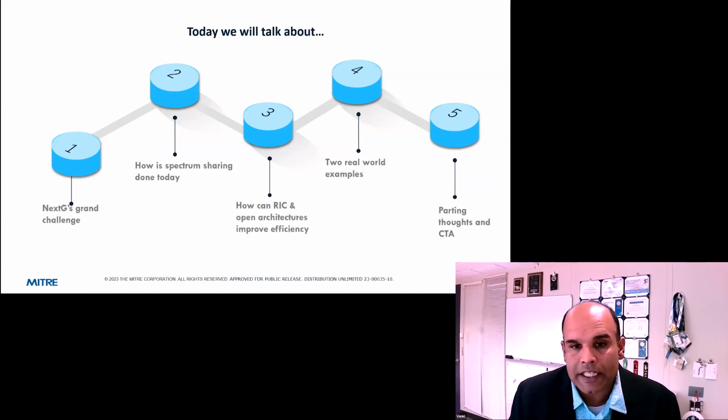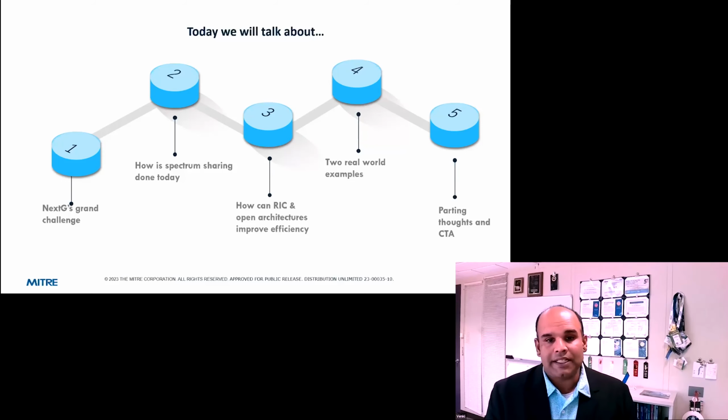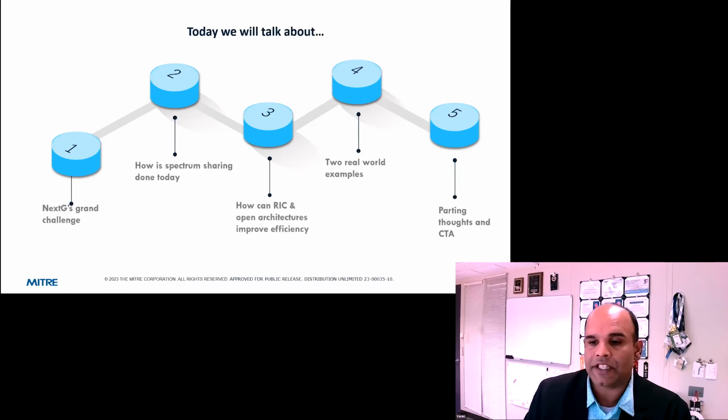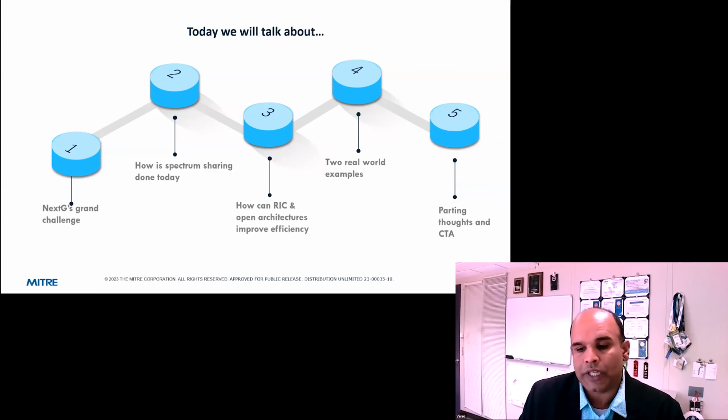I will argue that spectrum sharing is going to be the only practical way of realizing this target, because there is not enough spectrum to meet all the demands, and the spectrum is a fixed resource. I will talk about some of the current ways of doing spectrum sharing, and I will also point out the shortcomings that we have in these current methods.